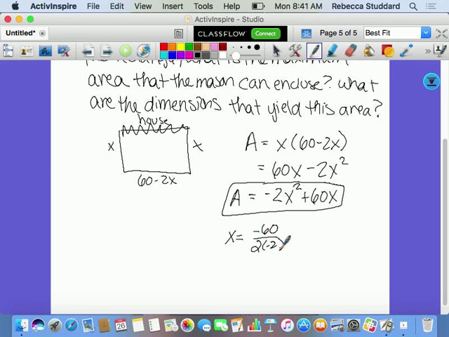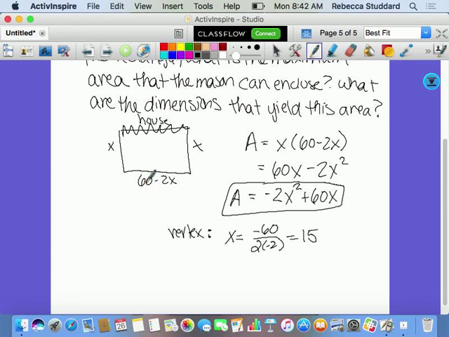So in order to get the max, we need to find our vertex. So x, part of the vertex, is the opposite of b over 2 times a, which is 15. And then you can plug it back in to get the y, or you could plug it in here.